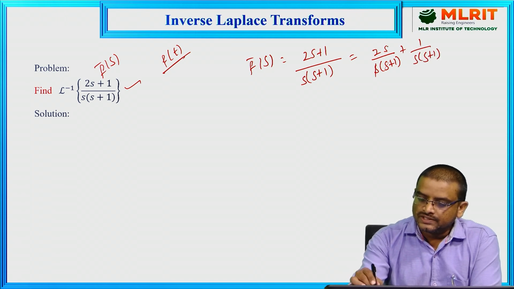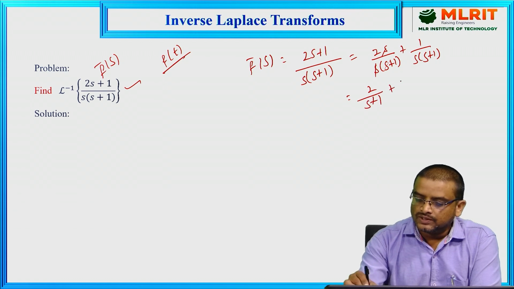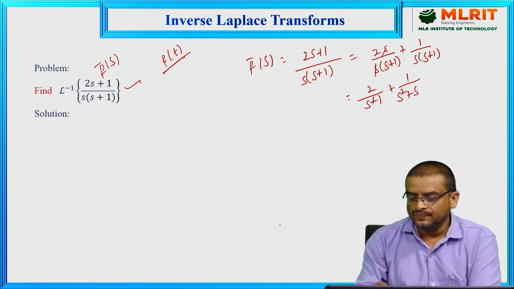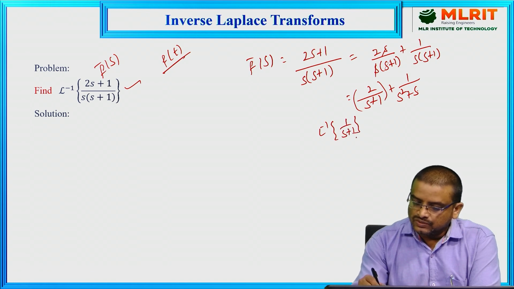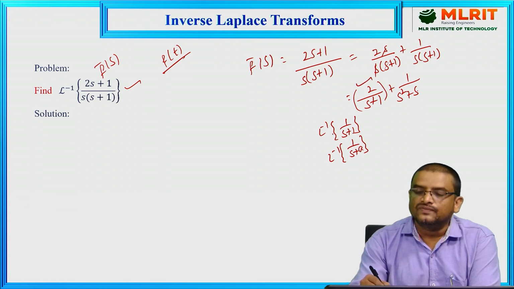So s gets cancelled, you will get 2 by s plus 1 plus 1 by, if you remove the brackets here, s square plus s. Now for the first term we don't have any problem, because if you apply L inverse you will get 1 by s plus 1. This is of the form L inverse of 1 by s plus a. We have the formula.